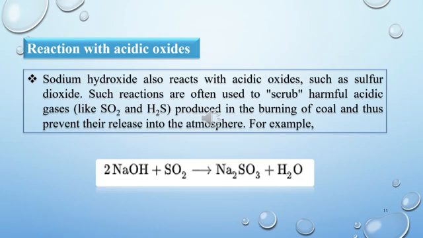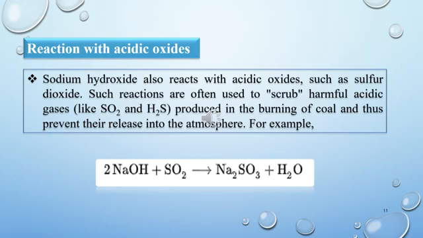What he said in this reaction is that sodium hydroxide reacts with acid oxides such as sulfur dioxide or hydrogen sulfide. This type of reaction is used to scrub the harmful acidic gases like sulfur dioxide and hydrogen sulfide. How does it remove these kinds of gases? Dear students, because sodium hydroxide reacts with hydrogen sulfide and sulfur dioxide both, converting them to different products which are not harmful to our bodies or plants.